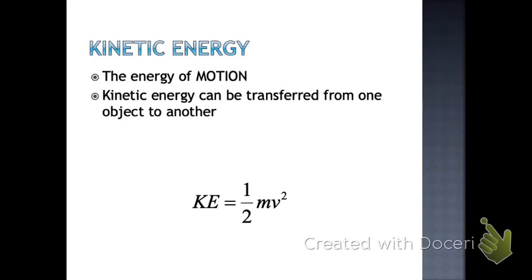Can you give me an everyday example of when that happens? When do you see an object transfer energy to something else? Newton's cradle, right? Any type of sport, any type of contact with a ball is a transfer of kinetic energy.